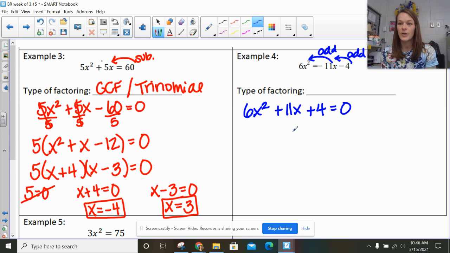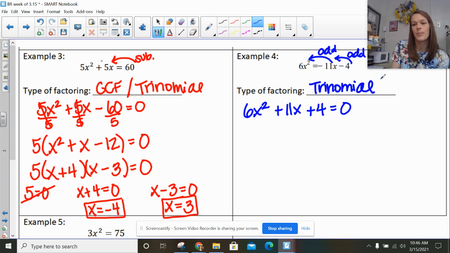Okay, so we're going to check out our GCF first. So can you divide 6, 11, and 4 by the same number? Okay, no. So this is just your trinomial, but it is the bottoms up method. So I'm going to start by multiplying my 6 times my 4.